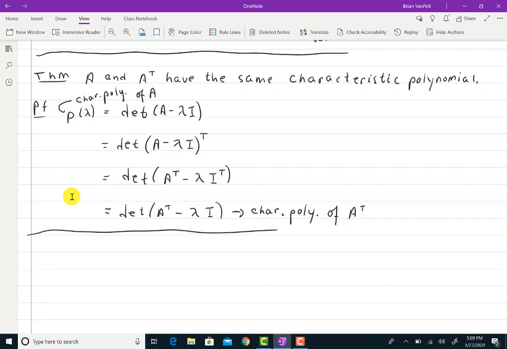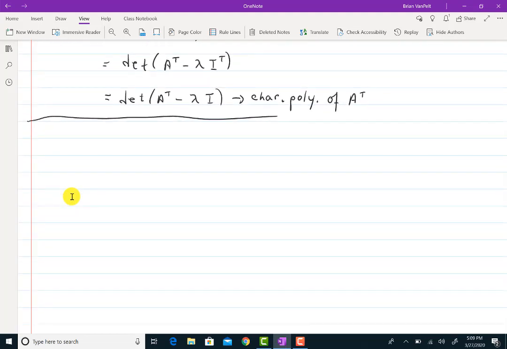Now this next thing may seem out of left field, but it's going to be very important for the next thing that we do. This is the notion of similar matrices. So we're going to let A and B be square n by n matrices.